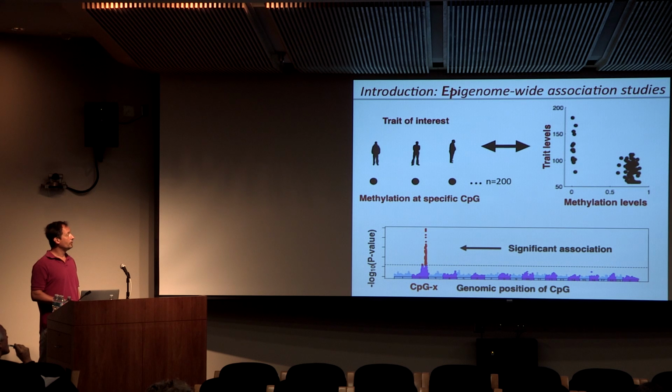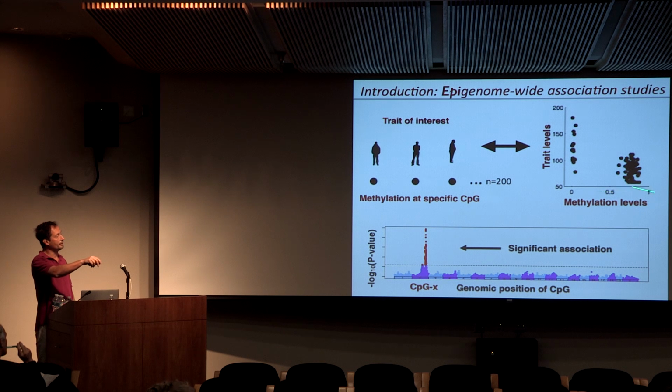And so what we do here is what we call epigenome-wide association studies. So basically, it's the same as the traditional association studies done with genetics, but instead of having the underlying polymorphisms, the different alleles in the population, here we have the methylation levels that are observed across our population.